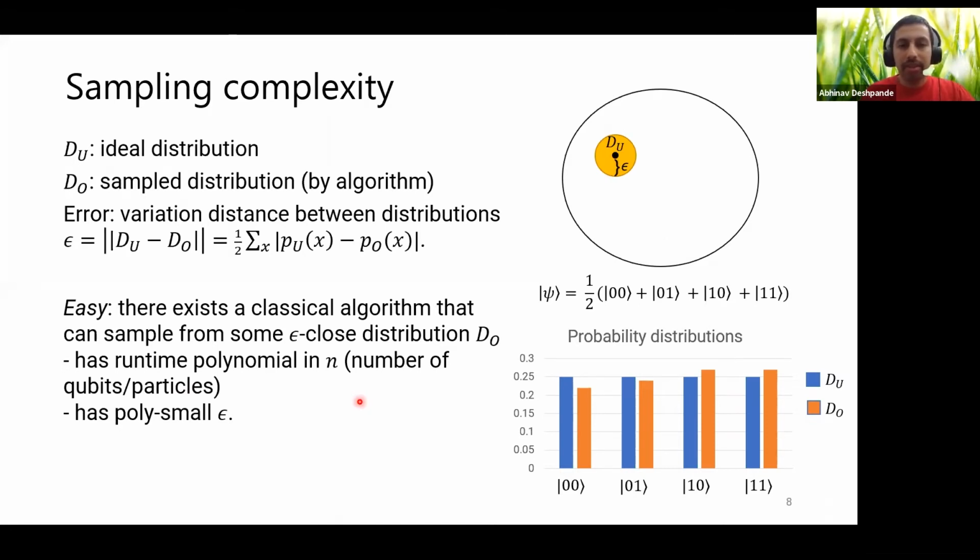And second, the variation distance between the sample distribution and the target distribution is inverse polynomially small in n. And we say that the task is hard if it's not easy. Any questions here?